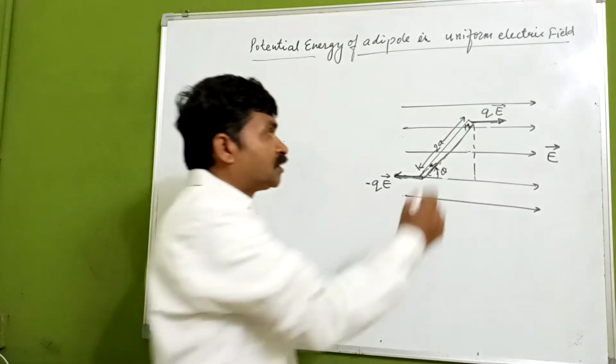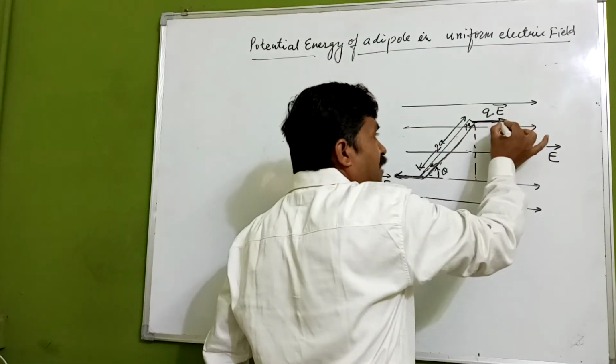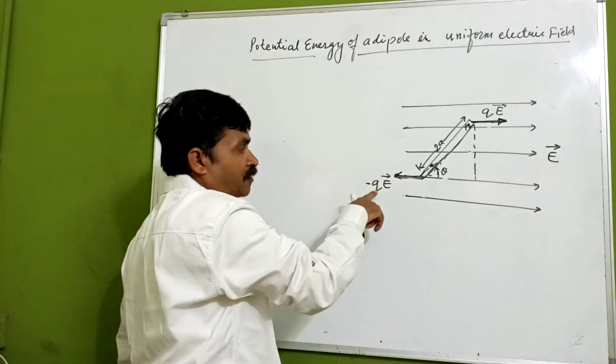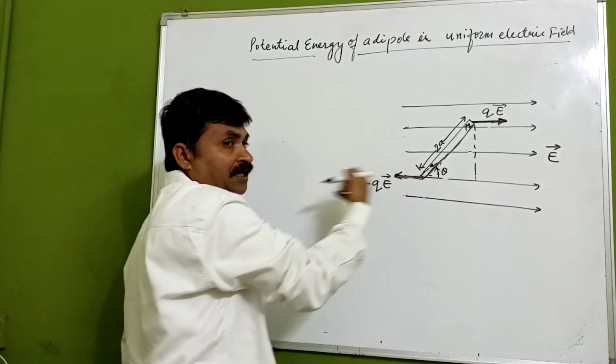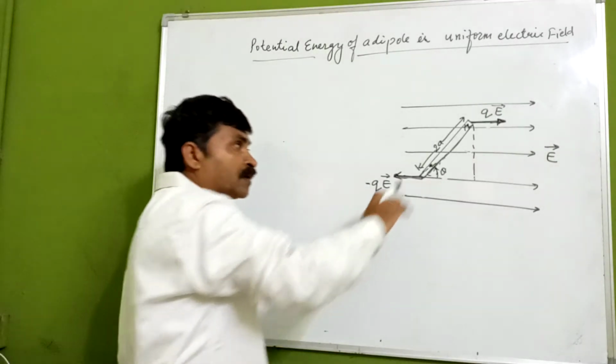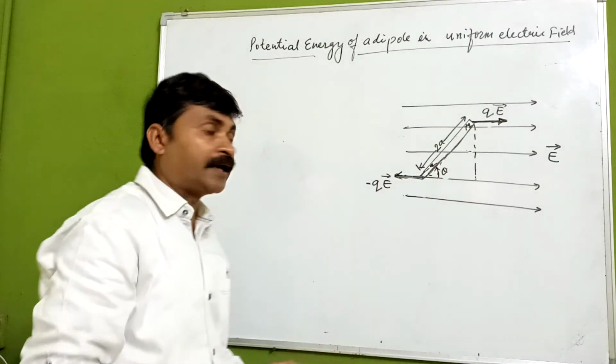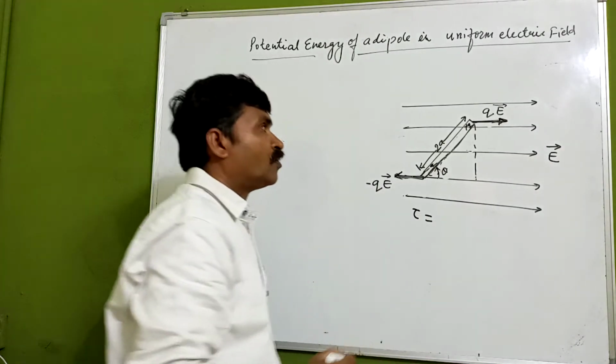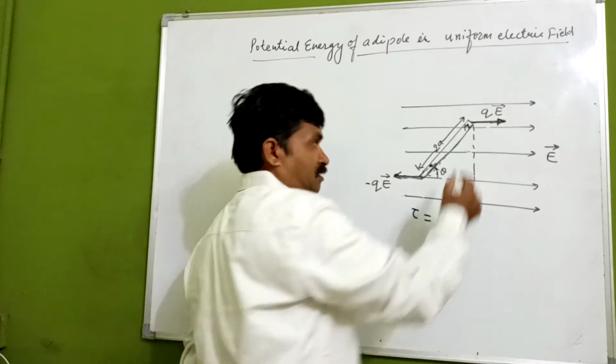Now the force qE acts in the direction of the electric field, and the force minus qE acts in the direction opposite to the electric field. So they develop a torque, and that torque we have calculated. Torque is equal to force into perpendicular distance.